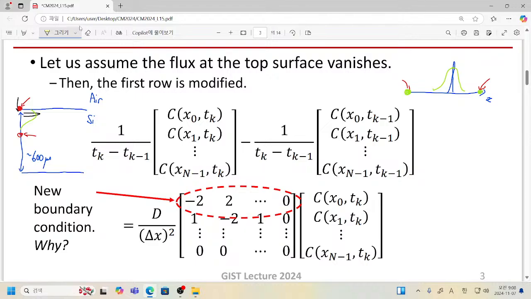But the point is this top surface. We cannot extend the boundary, placing it not here but here, for example. Let's say this is the boundary for our diffusion simulation. But that doesn't make any sense because the upper points correspond to the gas phase, so it is not of interest to our simulation.